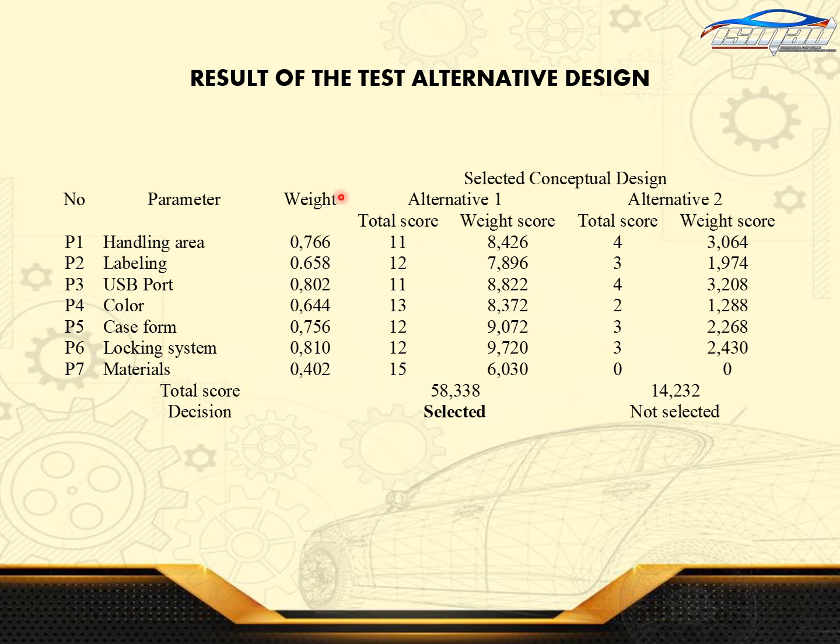So after all of the weights of the priority and also the alternatives for the selected conceptual design that has been presented before, there are 2 alternatives, the first one and the second one. As shown in the graph for the calculation of the total score, we decide on the first alternative.